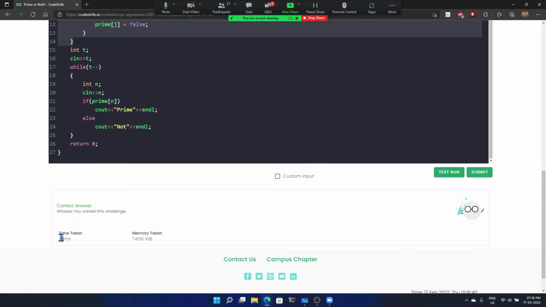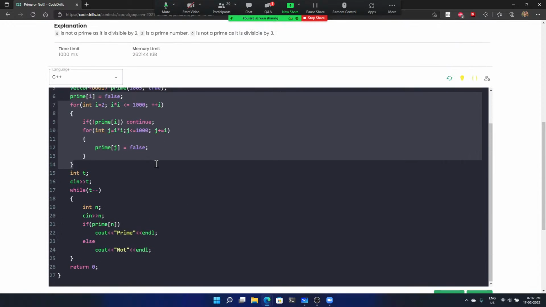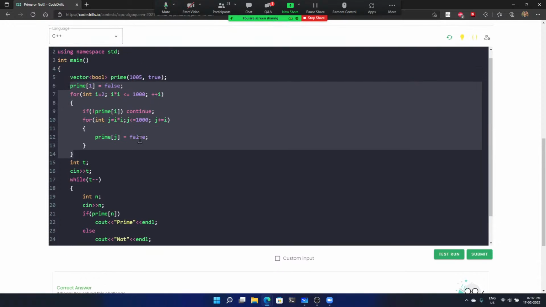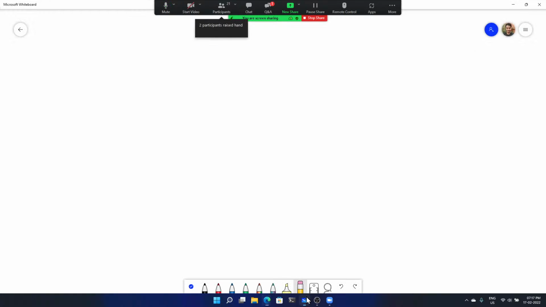Maybe you can compare with the solutions you wrote with the other approach, see the time taken and compare. This is definitely faster. If you all understood this piece of code, maybe raise your hand or drop something in the chat.